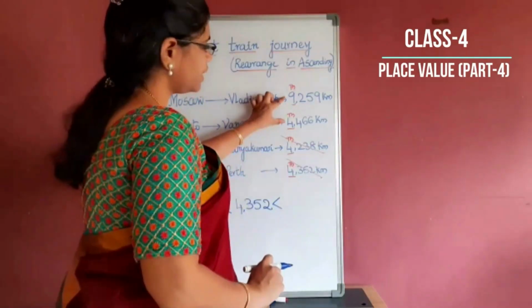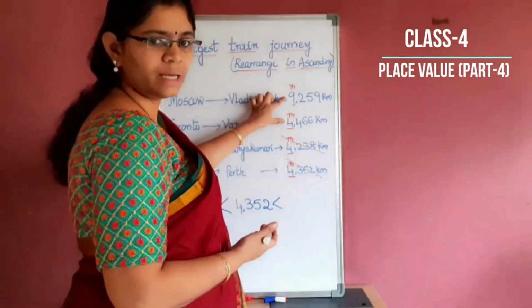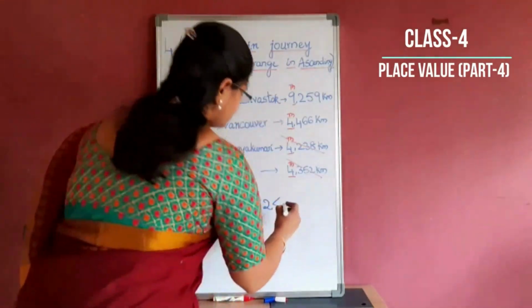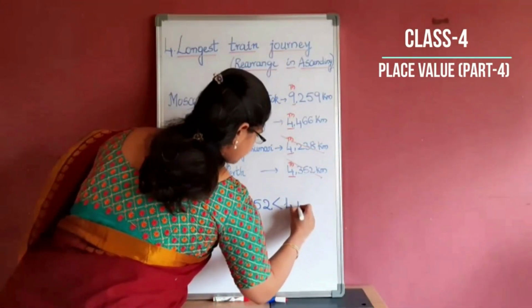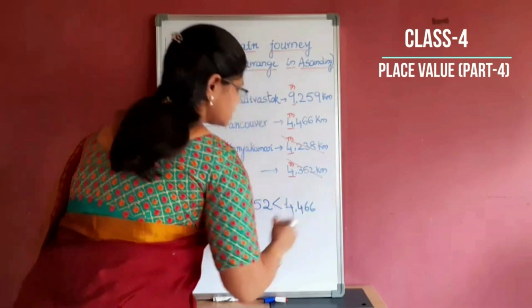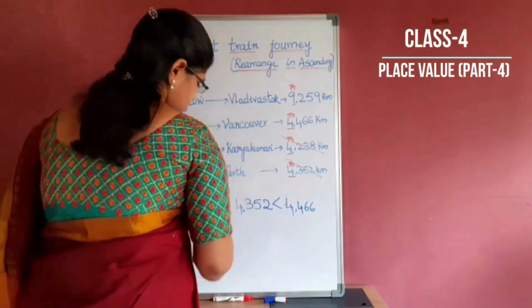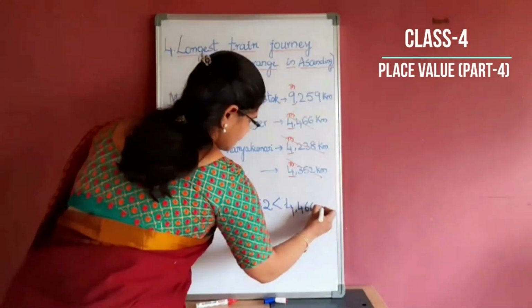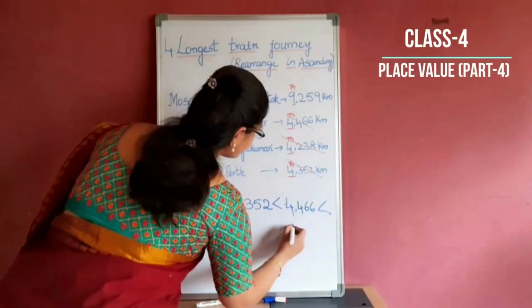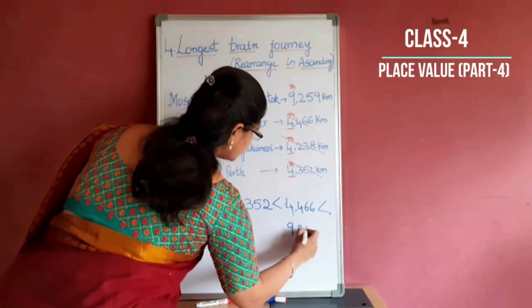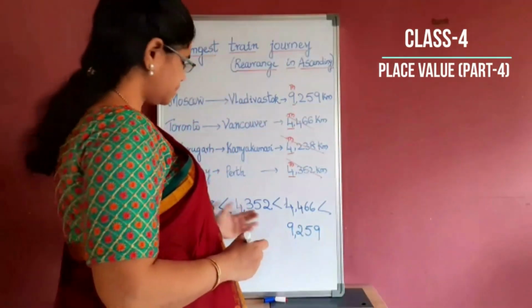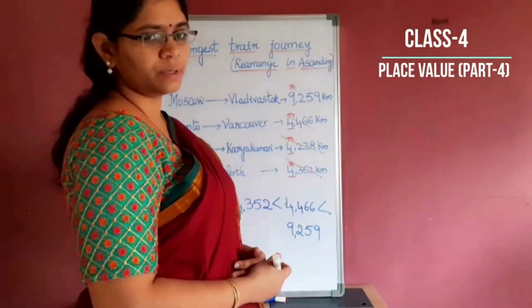In these two, when I compare, it is clearly observed that 4,000 is smaller than 9,000. So this one I am writing first, 4,466, and as this is also done, the leftover number is 9,259, and this is the greatest number, this is the smallest number.